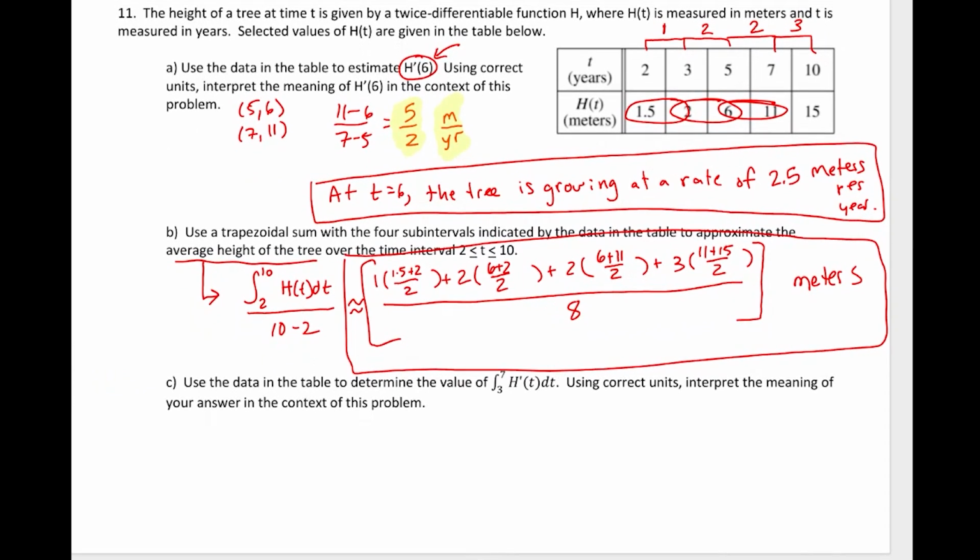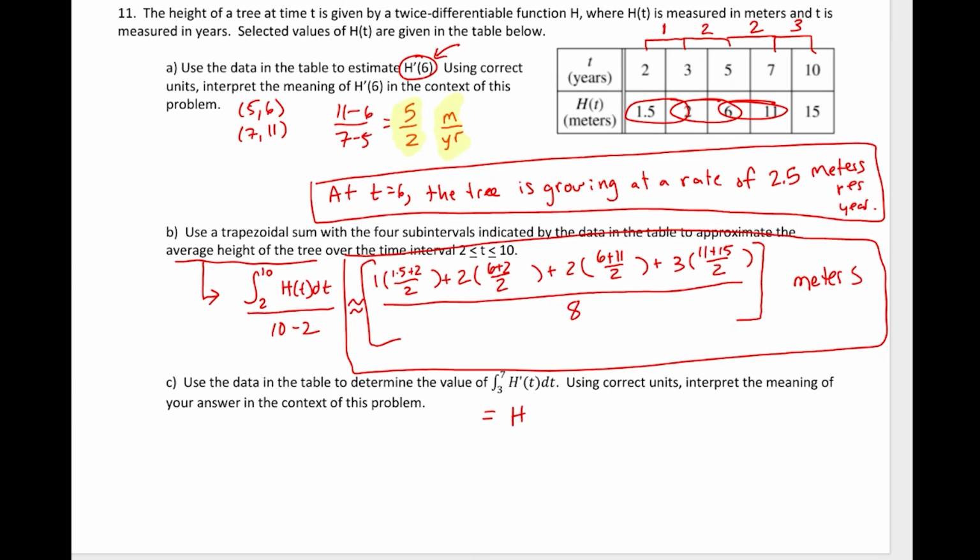Okay, last problem. Use the data in the table to determine the value of the integral of 7 to 3 of h prime t. Using correct units, interpret the meaning of your answer in the context of the problem. So let's use the fundamental theorem, the second part, to set this up. Remember that second part gives us a way to evaluate these definite integrals. And so the antiderivative of h prime is just h.